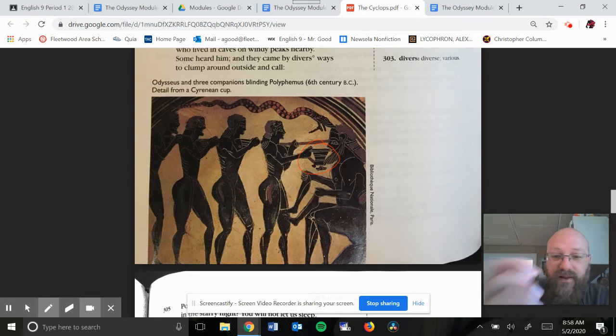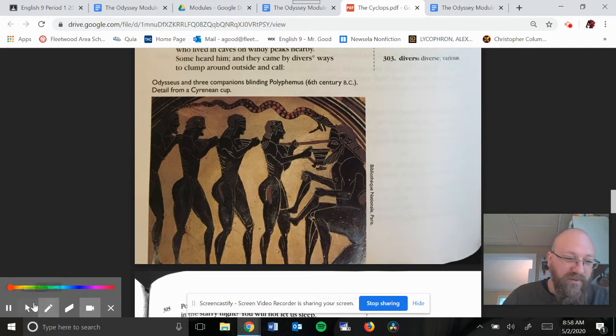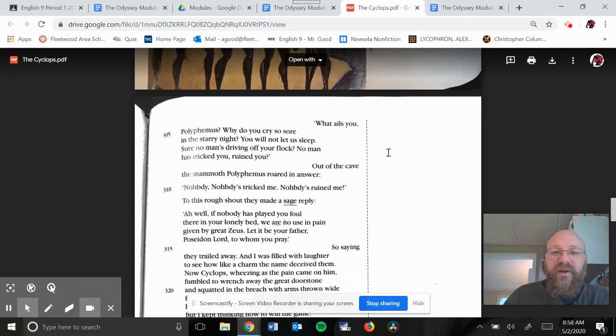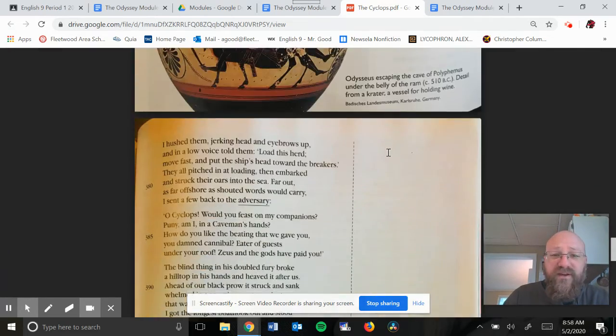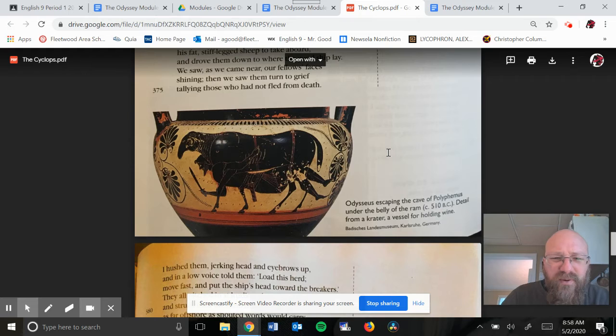They're getting the Cyclops intoxicated, so he loses his senses. And they have this timber that goes through, and it's going right into his eye. But check this out too. See these legs? He's holding them. The Cyclops is holding them in his hands. He has eaten a man or several men, and he's holding his legs. So it's showing us that scene through art. It's kind of neat.